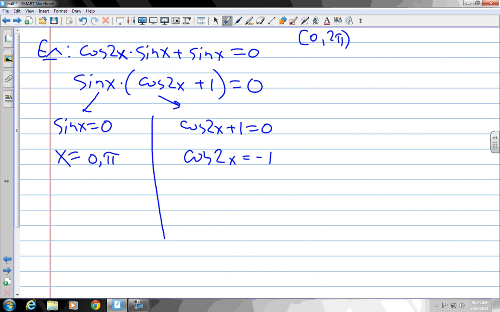When does cosine equal -1? At pi, right? So that means 2x has to equal pi, the inside has to equal pi. So what is x? Pi over 2.